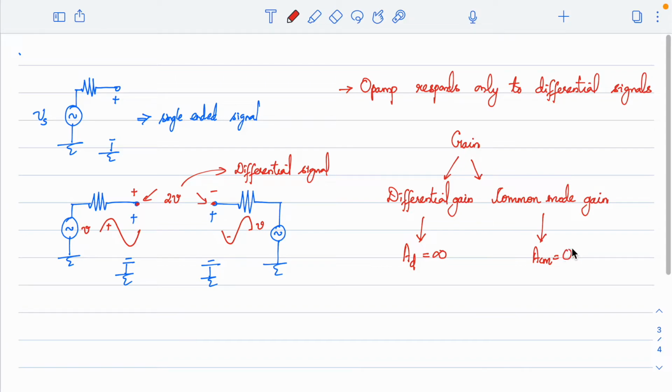Now you will have this question, why all of a sudden am I talking about another gain called common mode gain, and why should that be equal to 0? Because if you remember, we were talking about an amplifier which should be immune to noise, right?